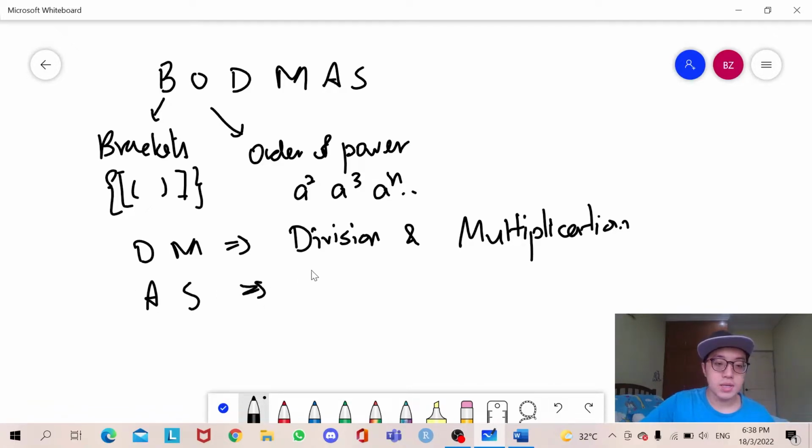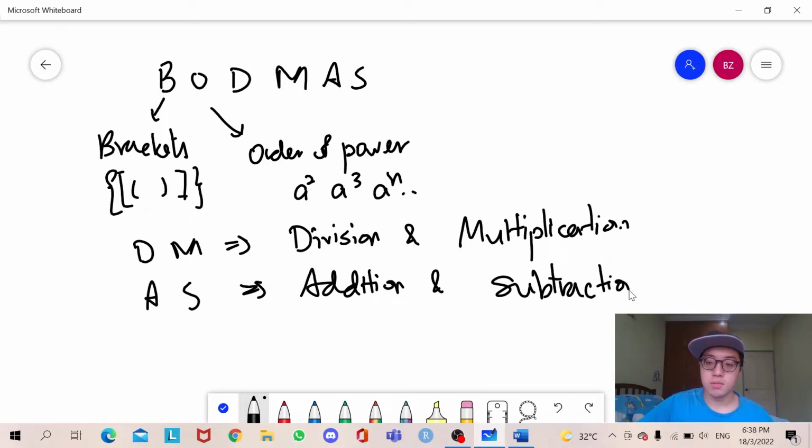A and S mean addition and subtraction. So the meaning of BODMAS is to work by giving higher order to the ones in front first. In an expression, if there's a bracket, we will do the bracket first, followed by order of power, then division, multiplication, and at last addition, subtraction.